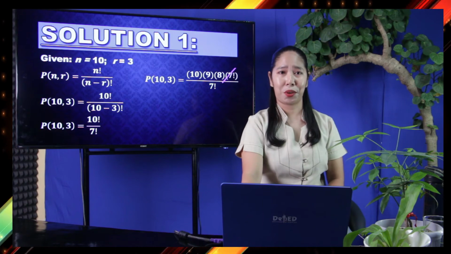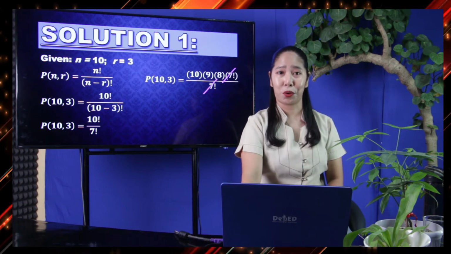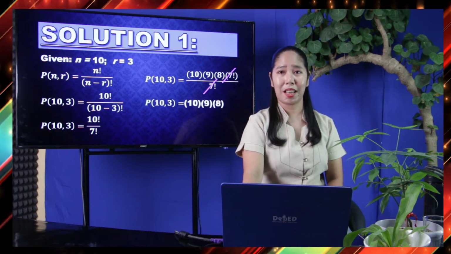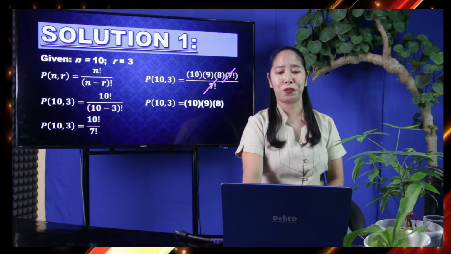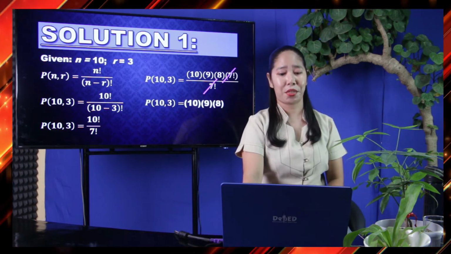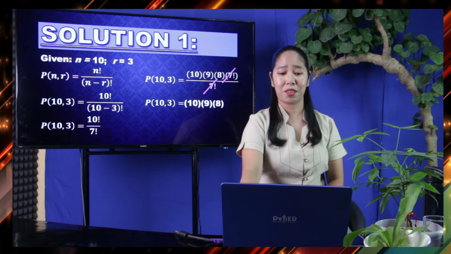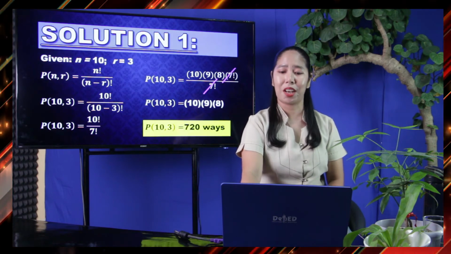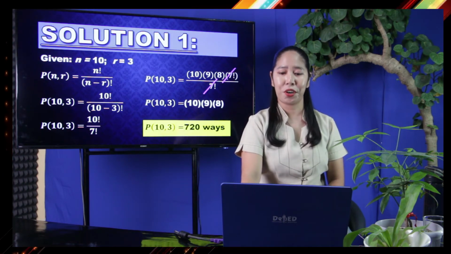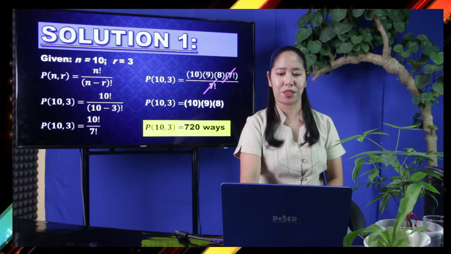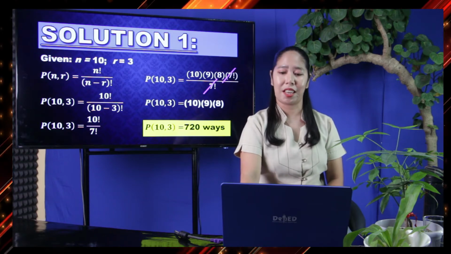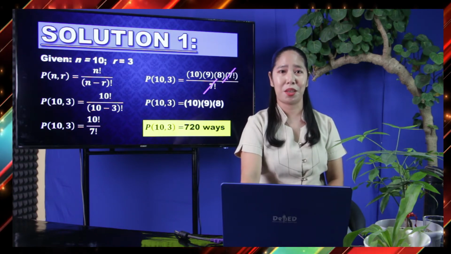Then, we cancel 7 factorial. What is left is 10 times 9 times 8, which is equal to 720. Therefore, the most punctual teachers can be awarded as first, second, and third in 720 ways.